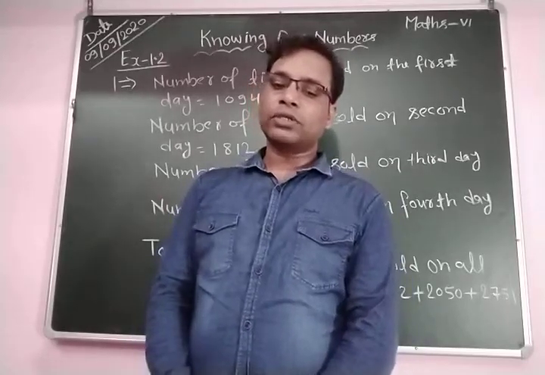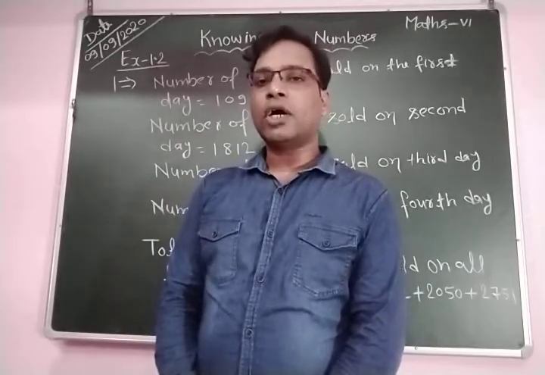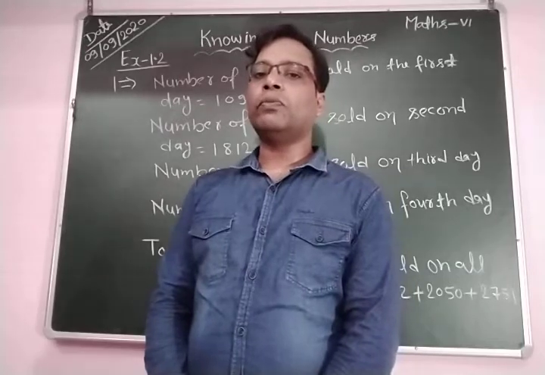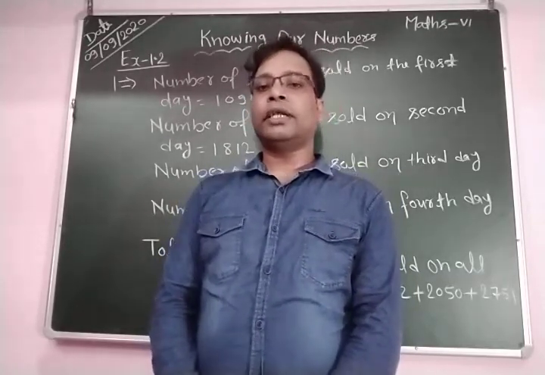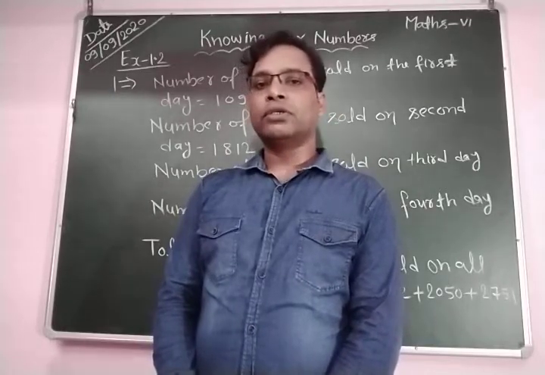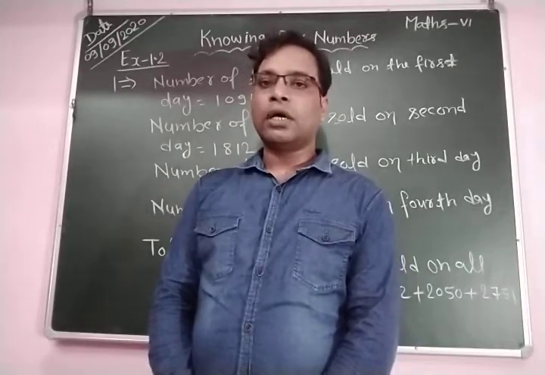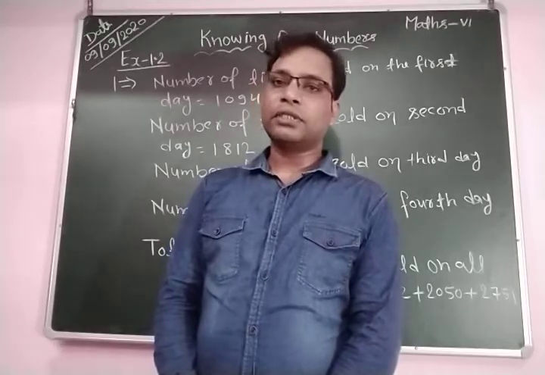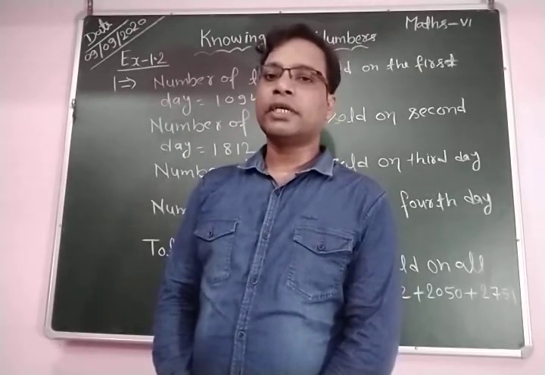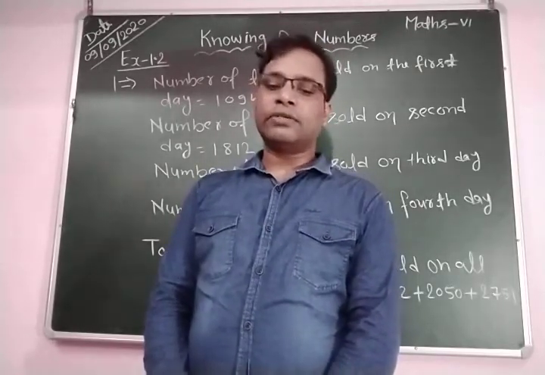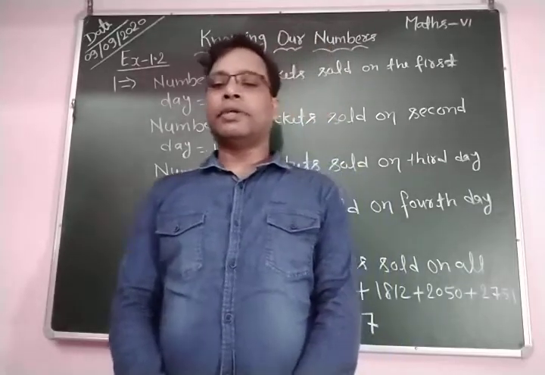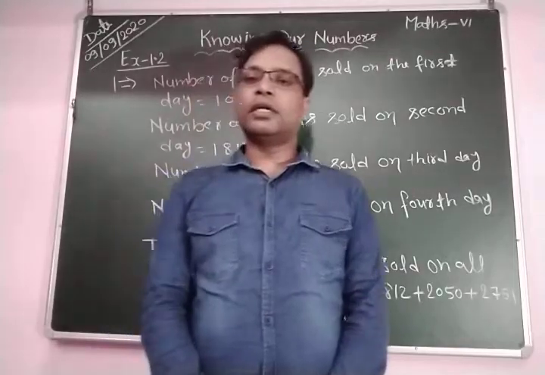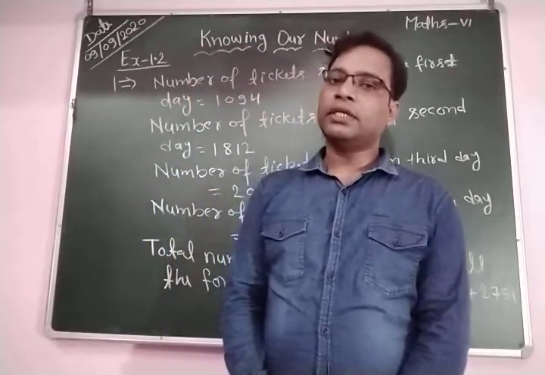So how many more runs does he need? It means how many more runs Shekhar must make to complete 10,000 runs. So what do we do in this question? Obviously, we can subtract 6,980 from 10,000.